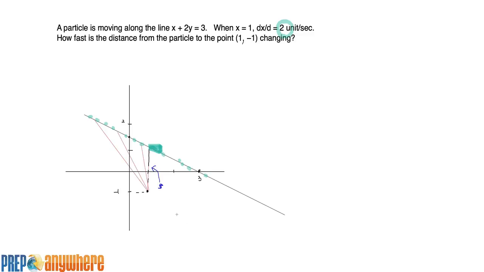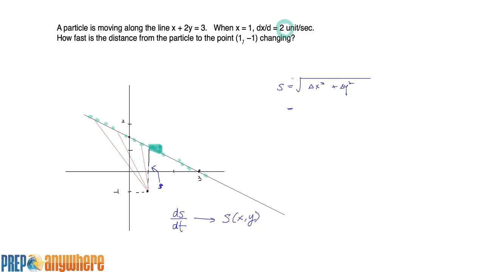So it's really asking us to find ds over dt. That means we actually need to find s in terms of x and y. So s is a function of x and y, and we can do that simply using the distance formula, which comes from the Pythagorean theorem. The distance s is the square root of delta x squared plus delta y squared.